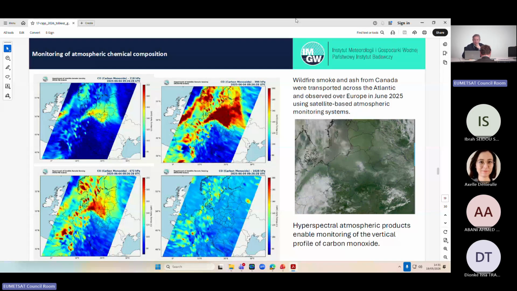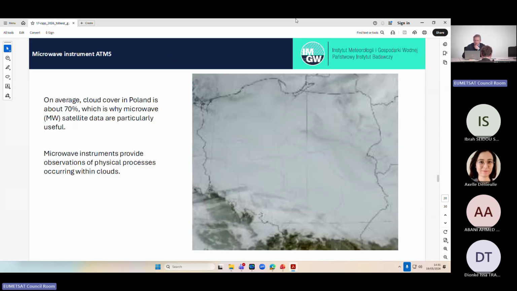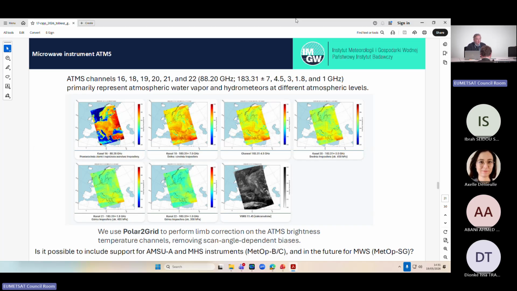ATMS channels from a few channels. These channels primarily represent atmospheric water vapor and hydrometeors at different atmospheric levels, and we use polar-to-grid to perform limb correction on the ATMS brightness temperature channels, removing scanning angle dependence bias.